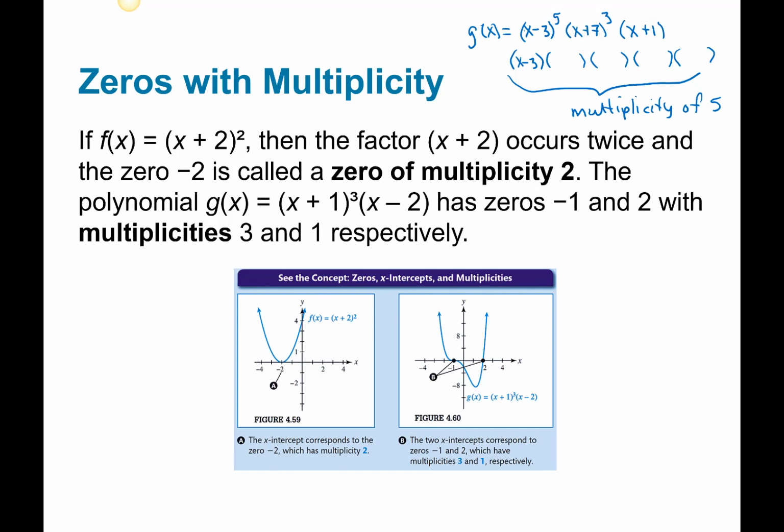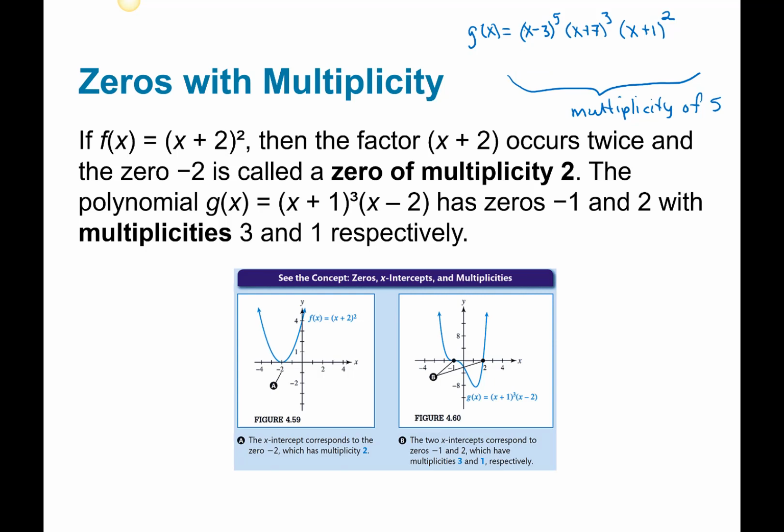In this case, each of them has an odd multiplicity. It's possible something could have an even multiplicity. For example, let's take this x plus 1 and square it. Knowing what the multiplicity is helps you to better understand how the function is going to behave at that location.